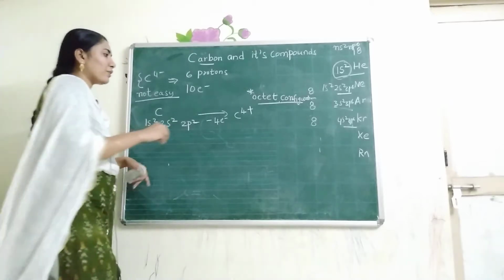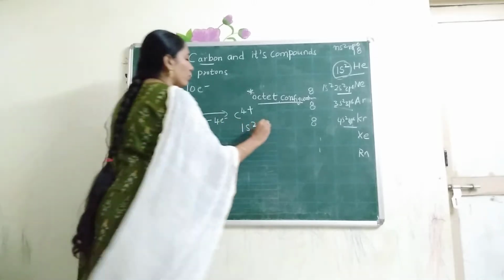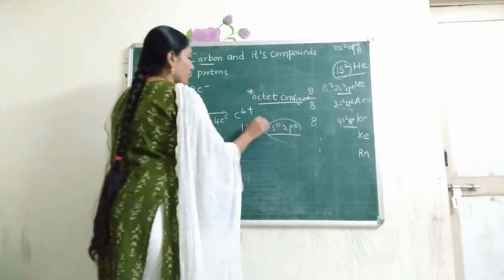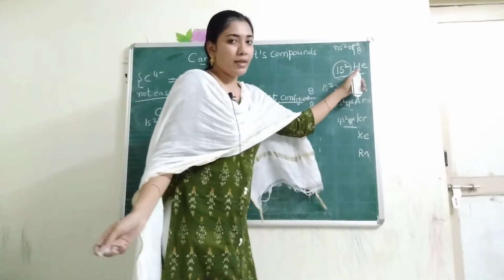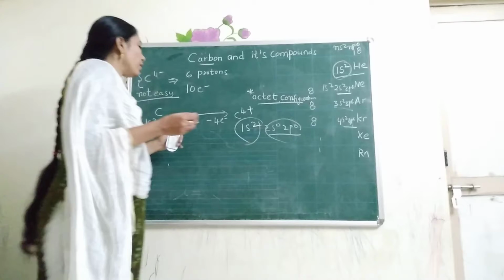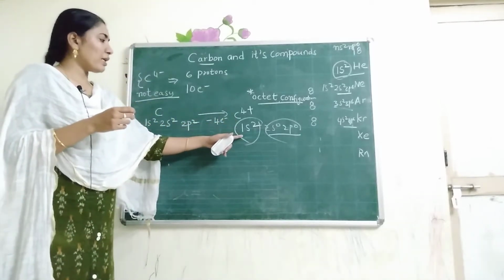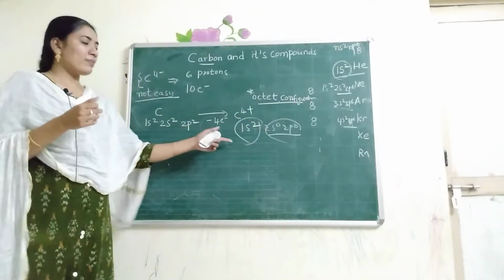If it loses 4 electrons, the configuration is 1s2, 2s0, 2p0. The 1s2 is the configuration of helium. So if it forms C4 plus, the configuration becomes 1s2, the helium configuration, so it becomes stable.